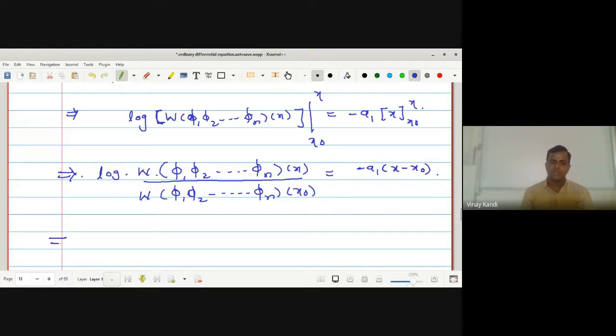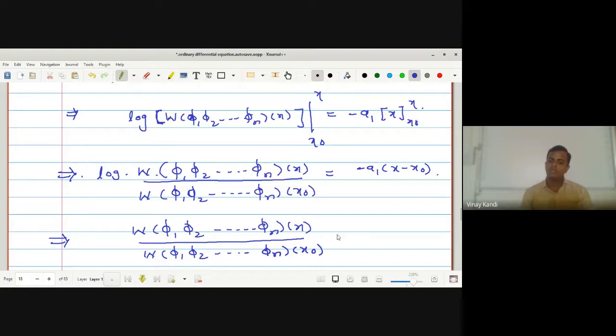Now write this logarithmic form into the exponential form. So here we get Wronskian of phi 1, phi 2, up to phi n of x upon Wronskian of phi 1, phi 2, up to phi n at point x naught, which is equal to e raised to minus a1 into x minus x naught. Okay, any doubt?